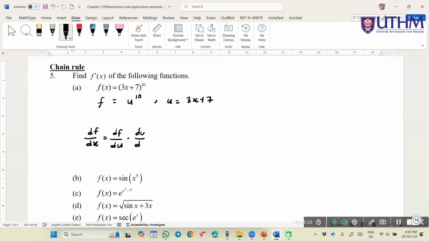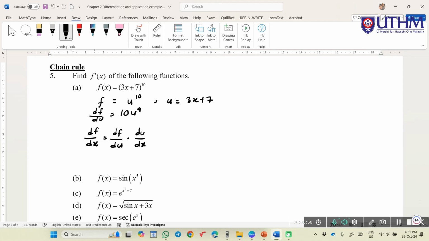If you cannot remember the formula, if we eliminate the du, we will get df over dx. Only now we write the function in terms of u and x. Now, what is df over du? We can find it from f equals u power of 10, which gives 10 u power of 9.